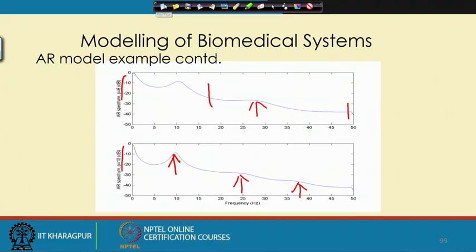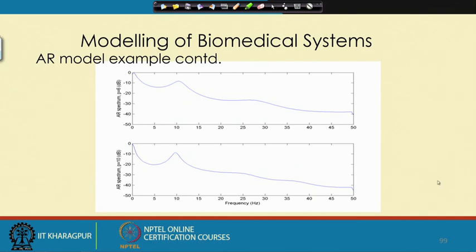So, that is the difference the increased model order creates. The change is not much, so the penalty is not that big in terms of the spectra, but certainly it will increase the computation.